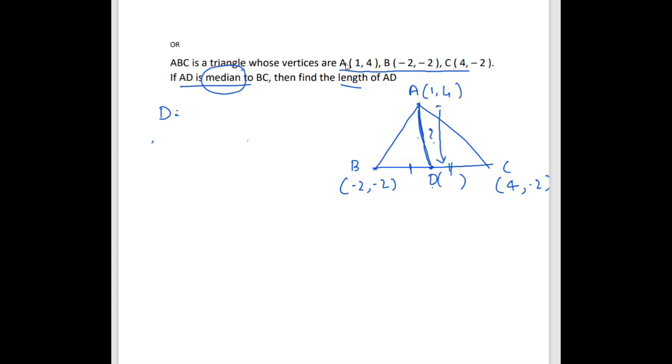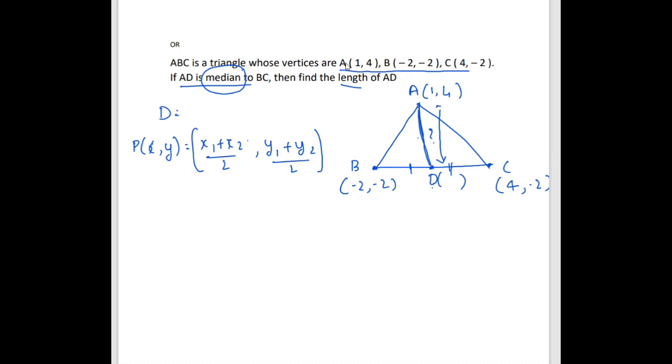You have to find this middle coordinate using the midpoint formula. The midpoint formula is x1 plus x2 by 2, comma, y1 plus y2 by 2. Now if I use the midpoint formula, I will easily find this coordinate.